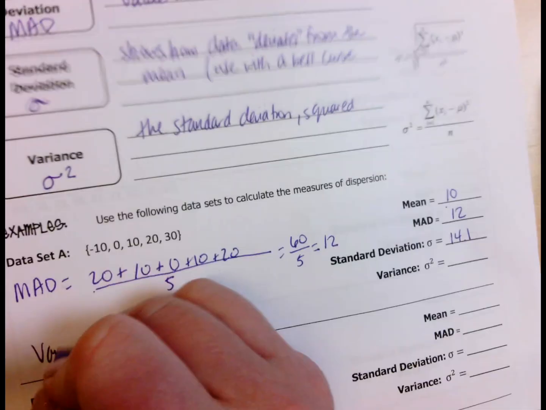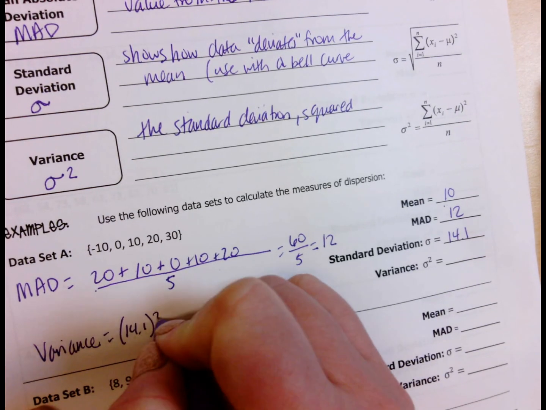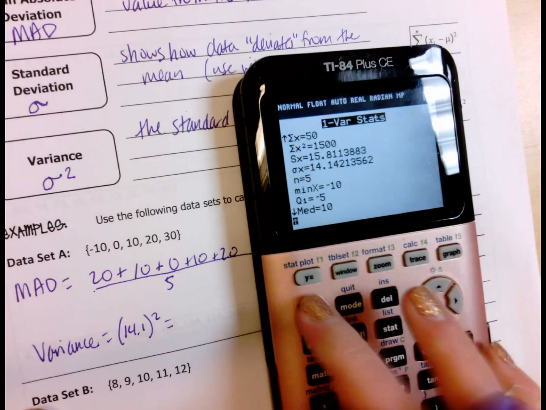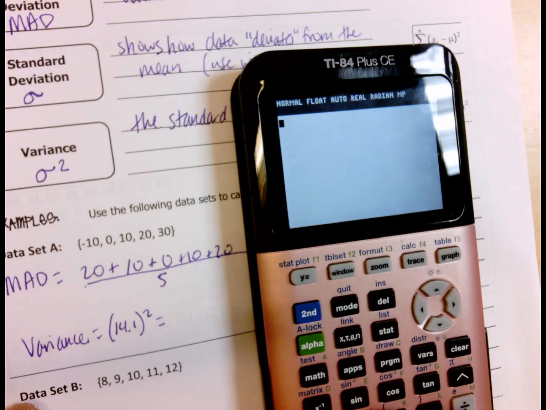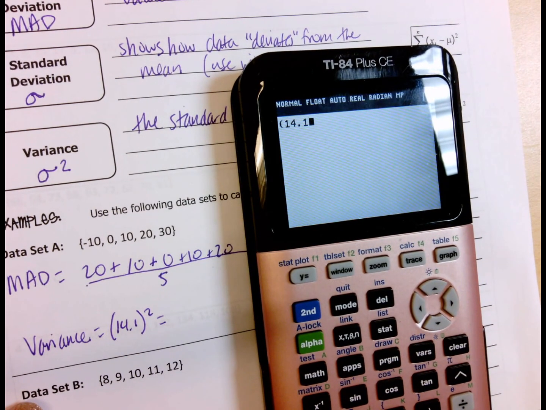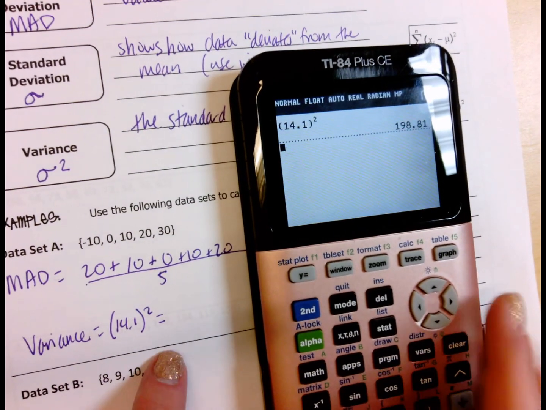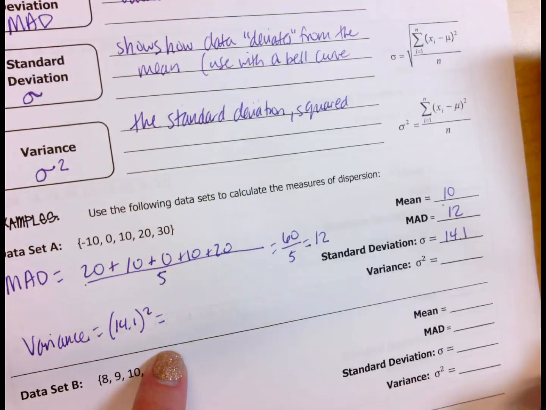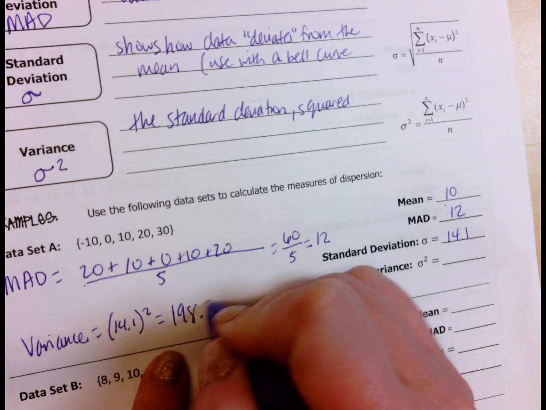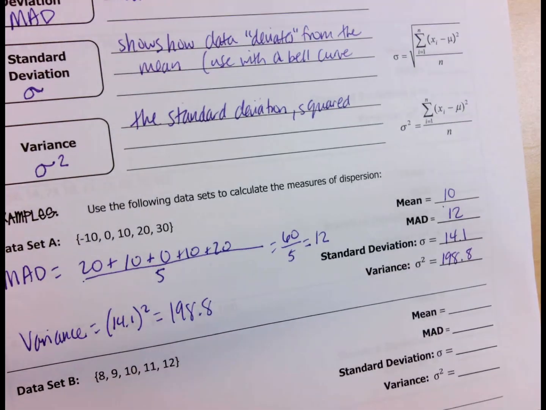So for variance, I'm going to take 14.1 and square it. I'm going to go to my calculator, quit out of that, do 14.1 squared, and I get 198.81, and I'm going to round that to 198.8. I'm just going to use one decimal place on these.